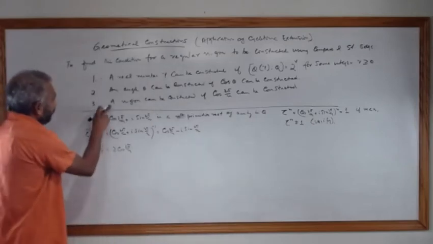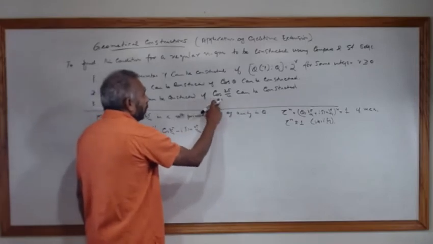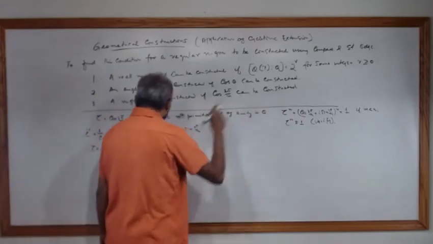So here it says an n-gon can be constructed if cos 2 pi by n can be constructed.